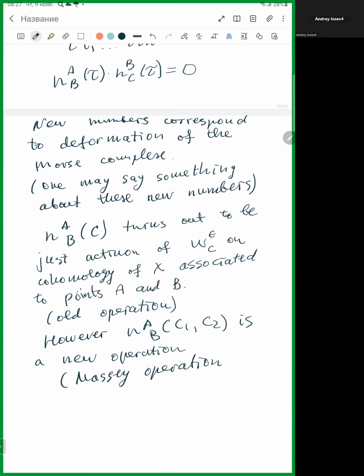Actually, I need to put here, I want to be strict, refined. And here I need to mention first Fields medal.